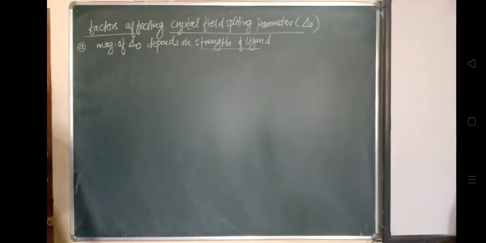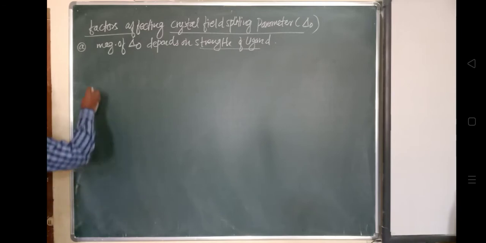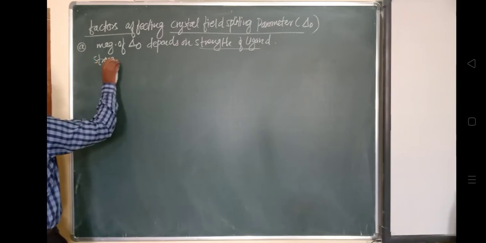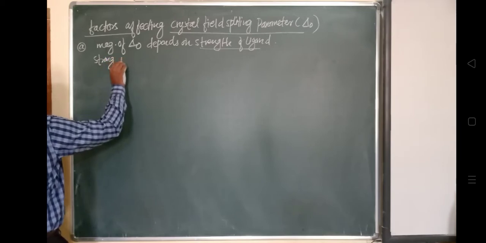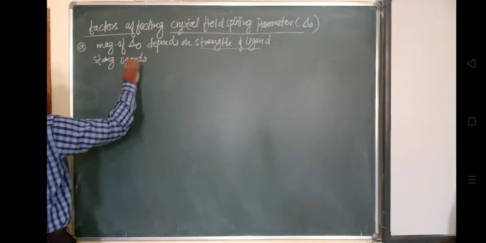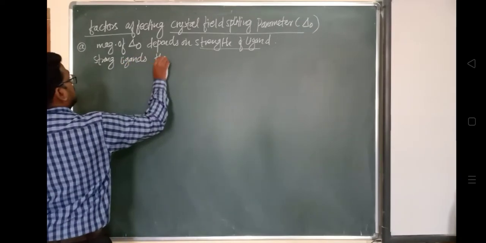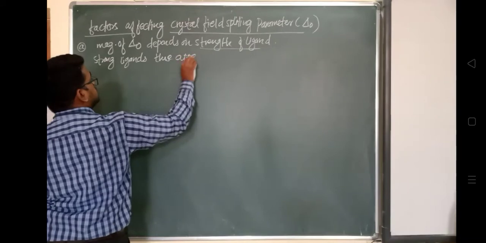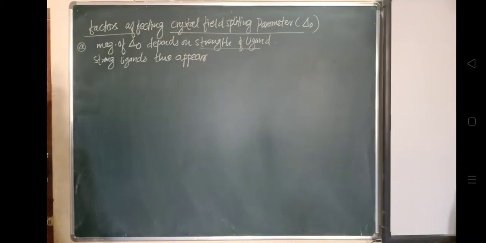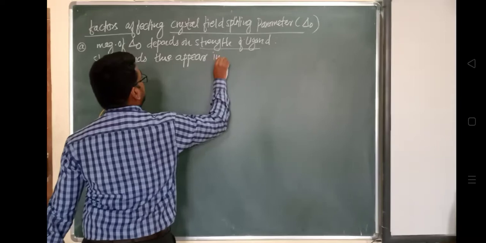So the strong field ligands, those appear in the spectrochemical series, approach closer to the central metal, which results in large crystal field splitting.